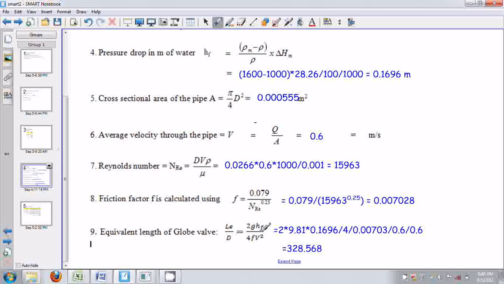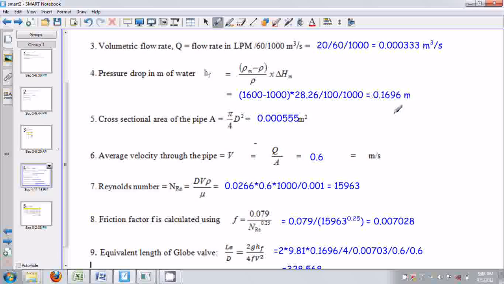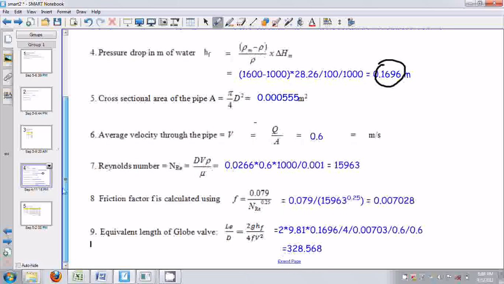LE by D is 2 g hf by 4 f V square. g is the gravitational constant, 9.81, and hf is the pressure drop in meters of water column, this value. And f is the friction factor, this value.